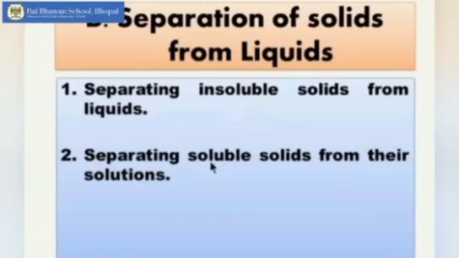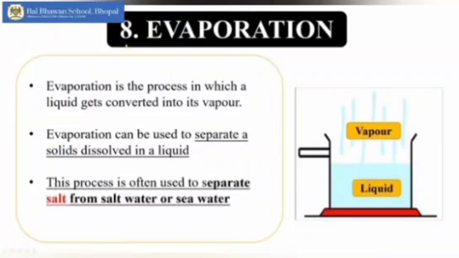Now next is separation of solids from liquids. Solid means salt or sugar and liquid means water. So you can easily separate salt and sugar from water, from their solution, by two processes called evaporation and condensation. Now you know what is evaporation. Evaporation is the process in which a liquid gets converted into vapors.